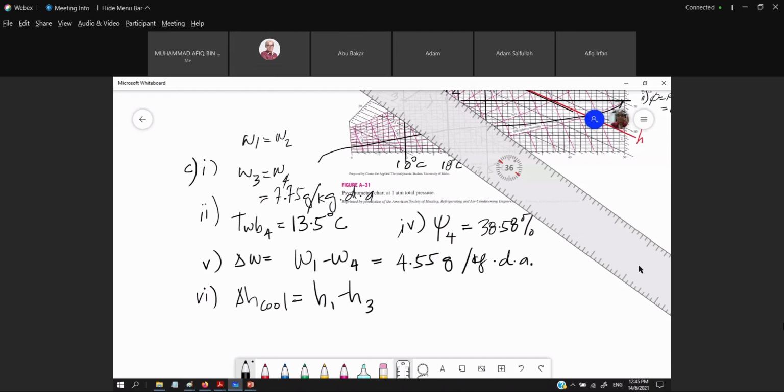Okay, we already have the H1 from part B. Now we get the new H3, which is about 30 kilojoule over kilogram from the chart. And then from here, we will get the delta H cool is 27.2 kilojoule over kilogram.